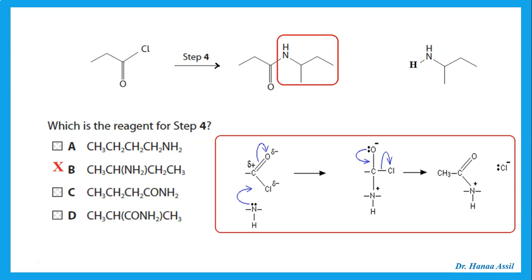Well, if you look at this, this is the answer where we're looking from the right, CH3, CH, NH2, CH2, CH3. So that is the compound that we need to react with the acyl chloride to form that amide.